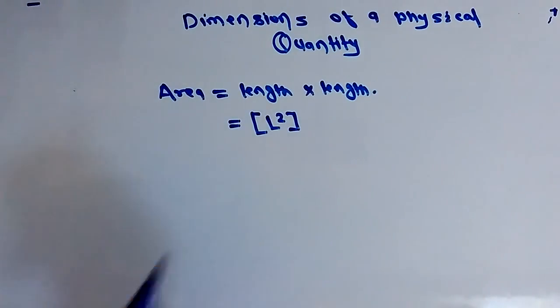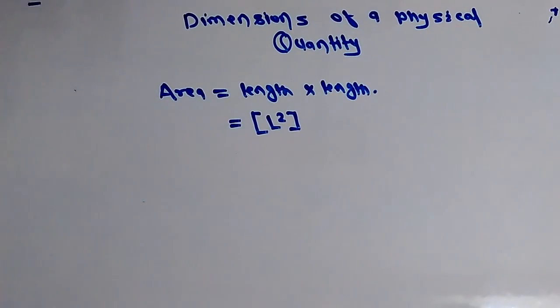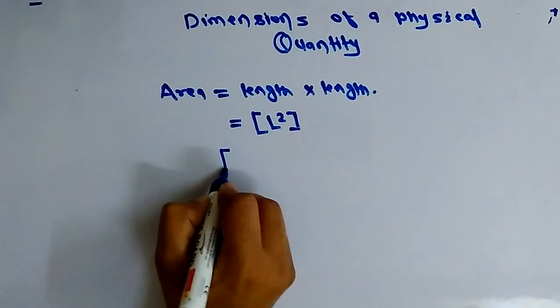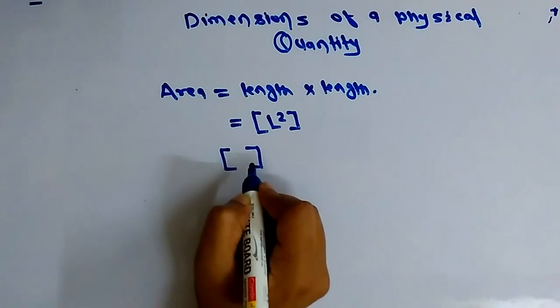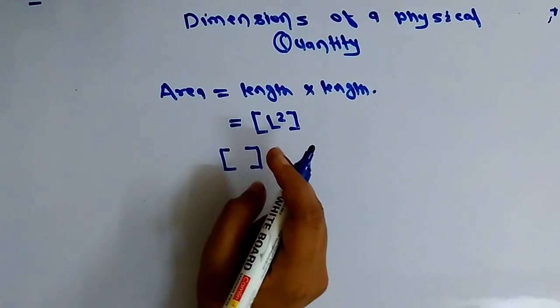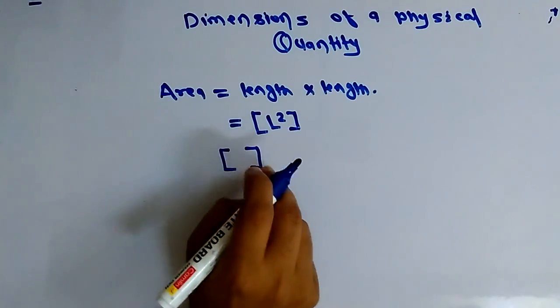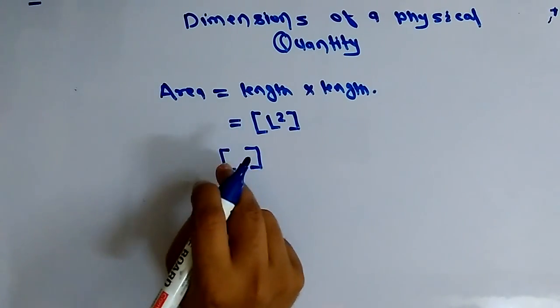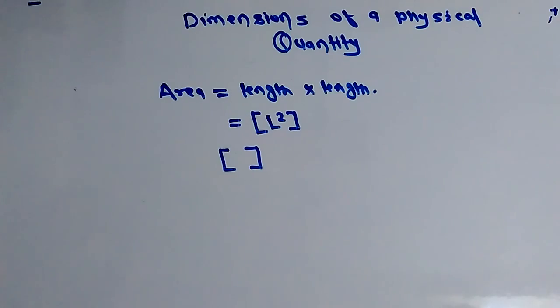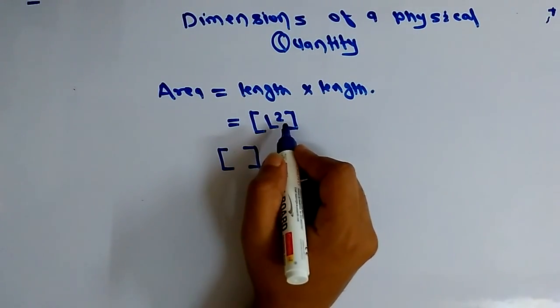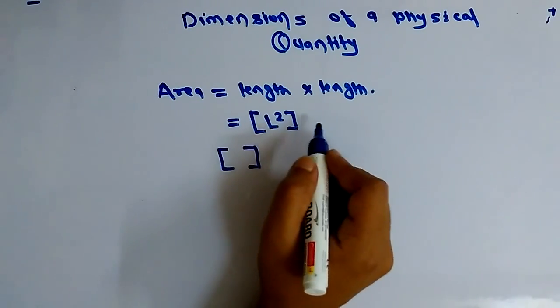This bracket represents the dimension, and whatever fundamental quantities come in are written inside this bracket. So area has 2 dimensions of length.